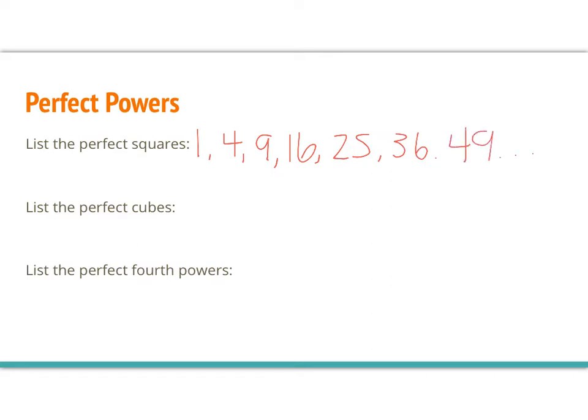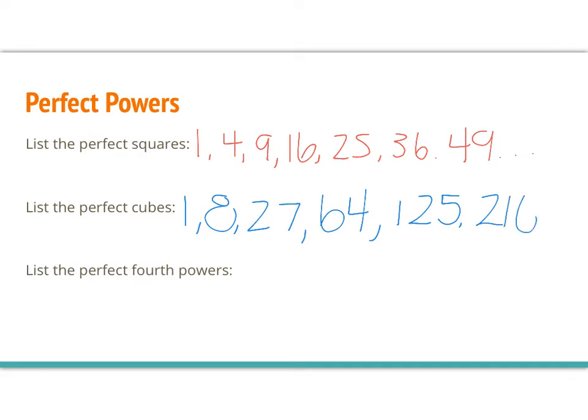I'm just going to run out of room here. Okay, the cubes. 1 cubed is 1. 2 to the power of 3, or 2 cubed, is 8. 3 cubed is 27. 4 cubed is 64. 5 cubed is 125. 6 cubed is 216. So notice they grow quite a bit faster, your numerical value.